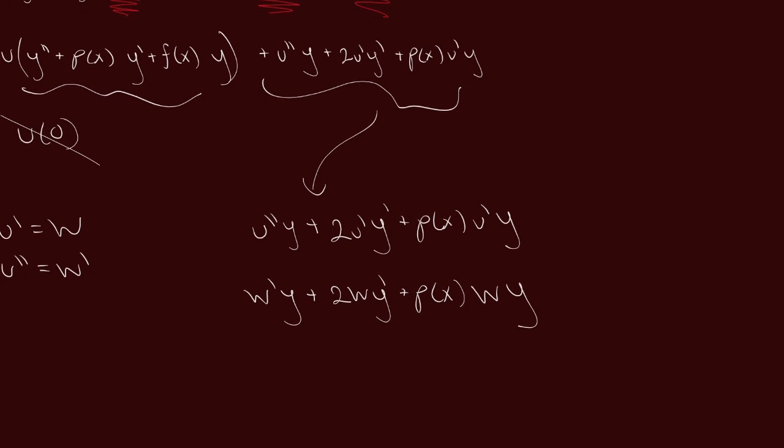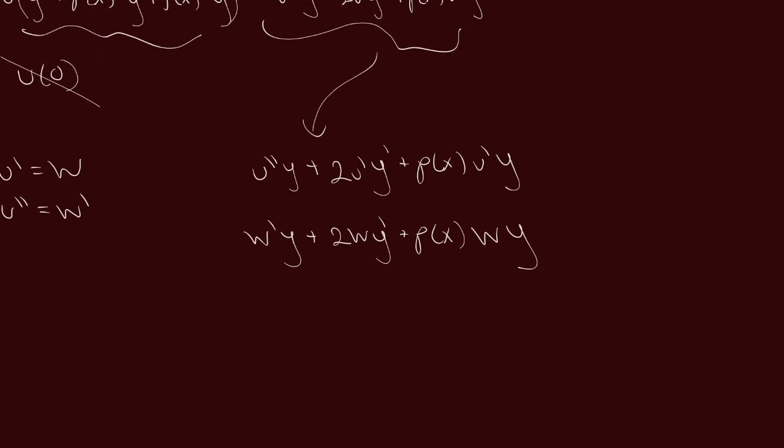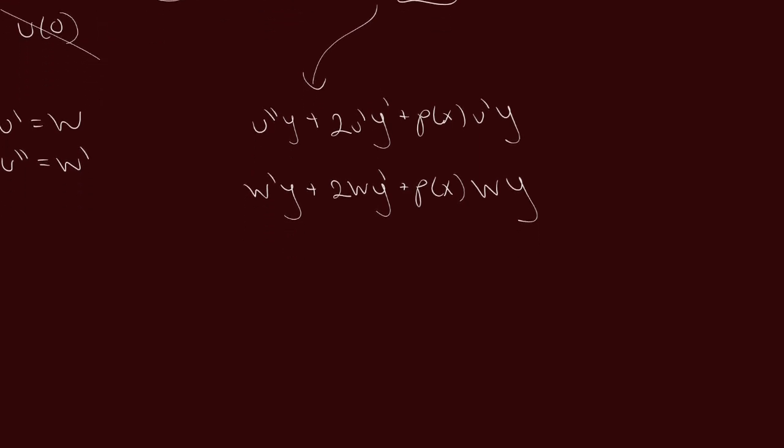Now we're going to rewrite w prime as dw over dx, times y plus 2w, and rewrite y prime as dy over dx, plus p of x w times y.